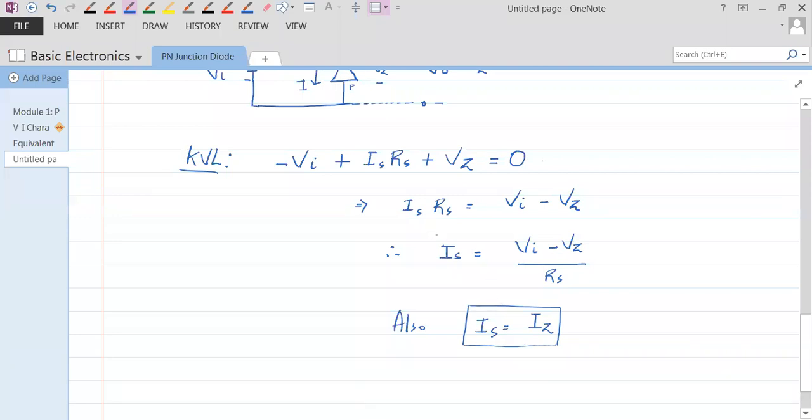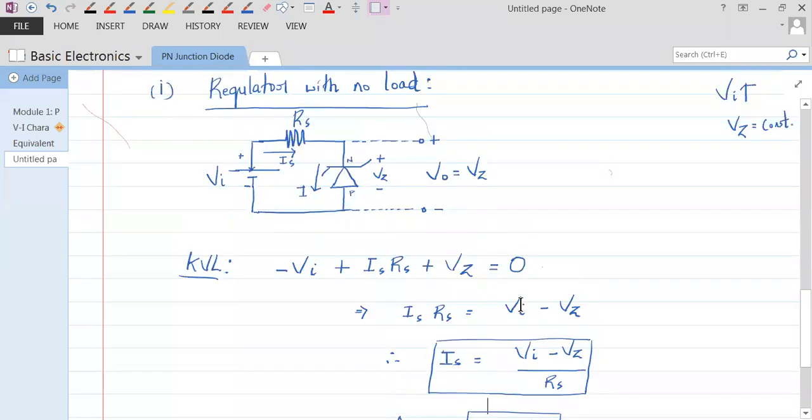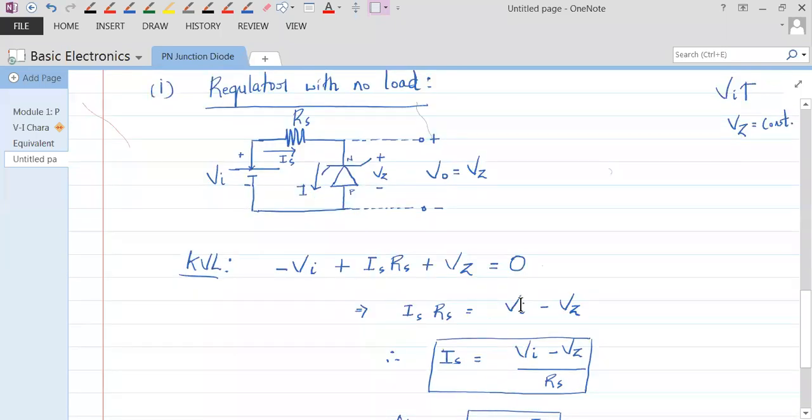Is this okay with you, everybody? What would IS look like in terms of the voltages, and how the same IS can be written in the form of the current flowing there? So this is how the regulator looks like with no load. Fine.